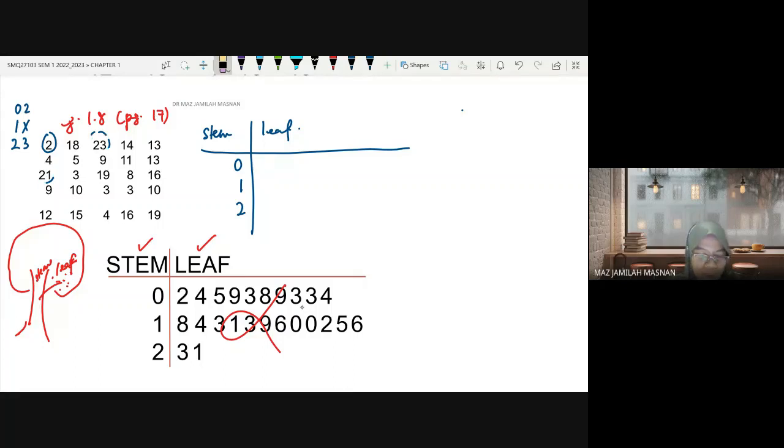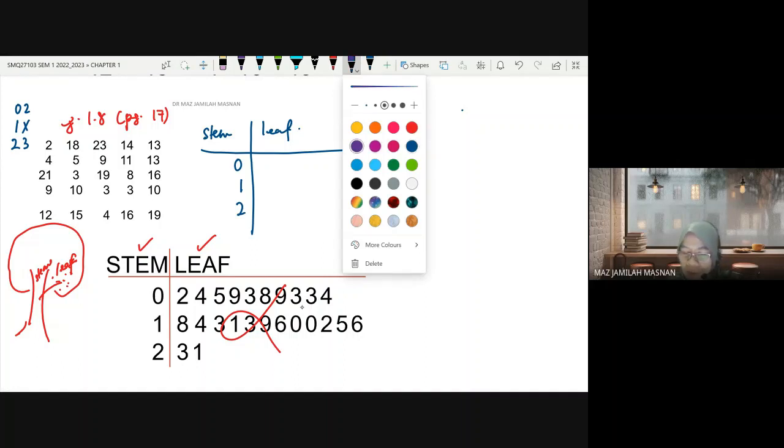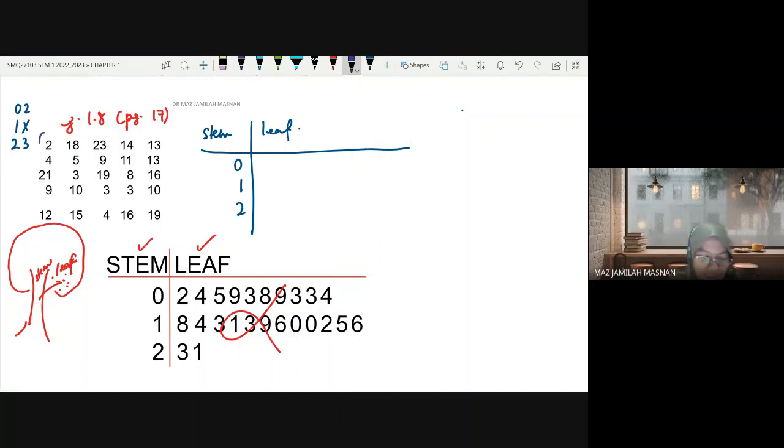Let's begin with our smallest values with one digit only. Let's say I use my purple pen. I have 2, 4, 9, 3, 5, 9, 3, 3, 4, 8. We begin with the smallest value, which is 02, so you put 2 here.